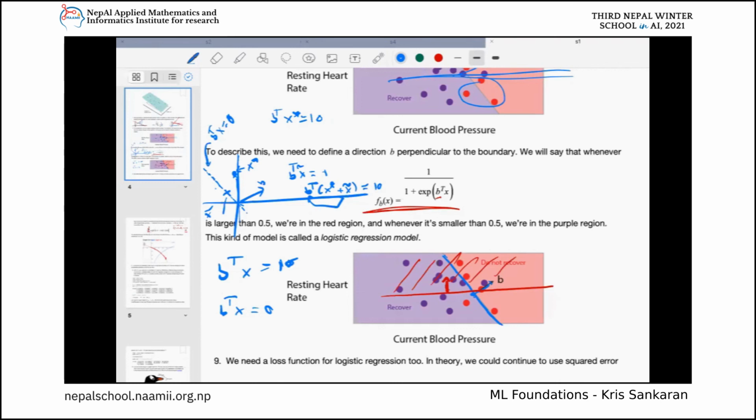Geometrically, when I add X star and X tilde, I just move in parallel to X tilde, starting from X star. So you end up getting these parallel lines, and all of these will be equal to 10. And that is why the decision boundaries for all the probabilities are going to be orthogonal to B, in constant parallel lines.